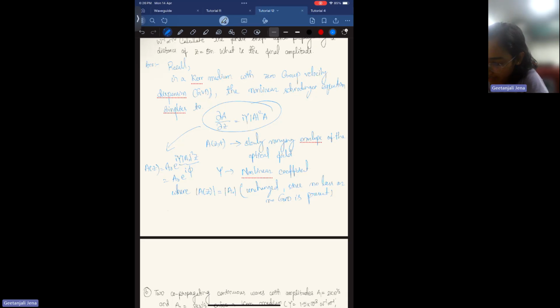But the phase phi of z, if we take that the initial phase is 0, then the total phase after propagating distance z will be gamma A0² z. This is the nonlinear phase shift.